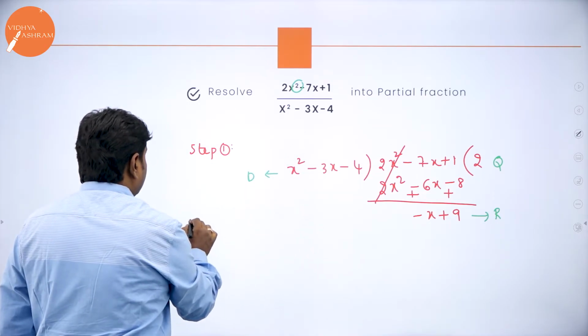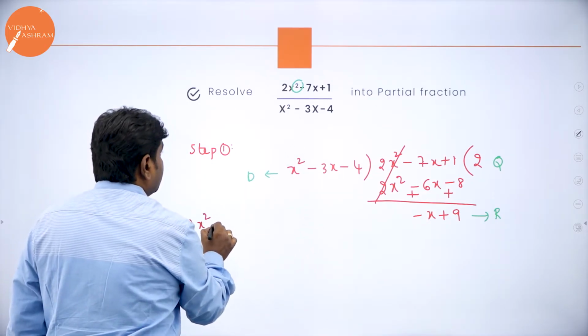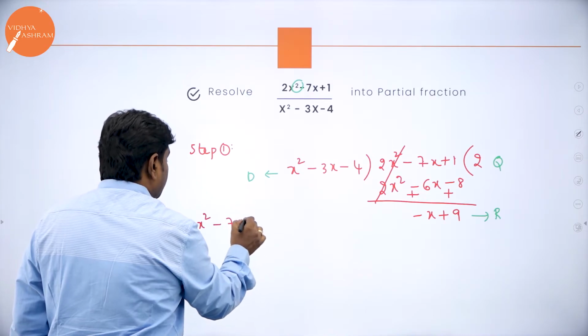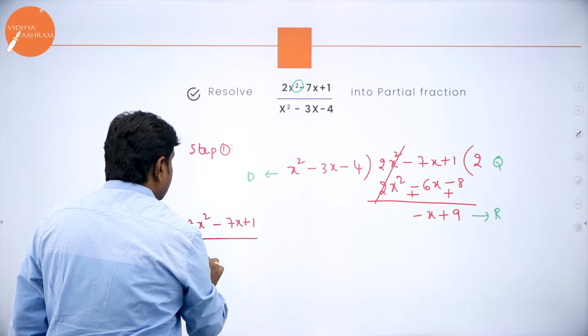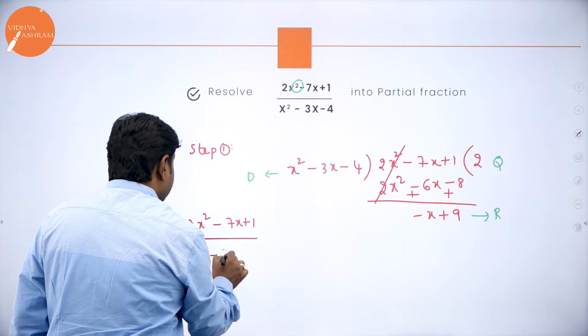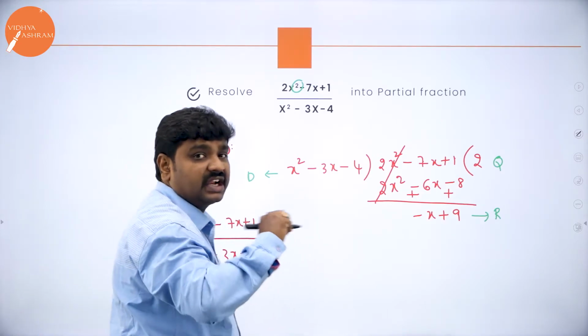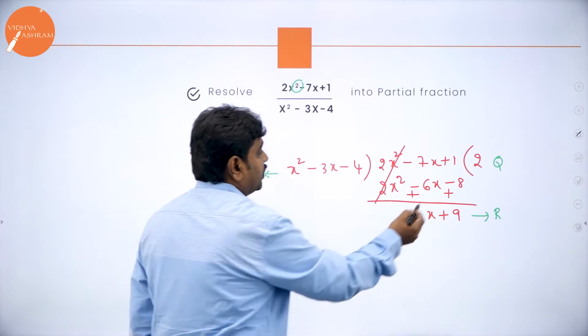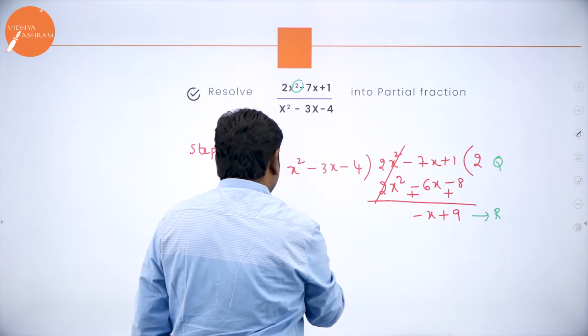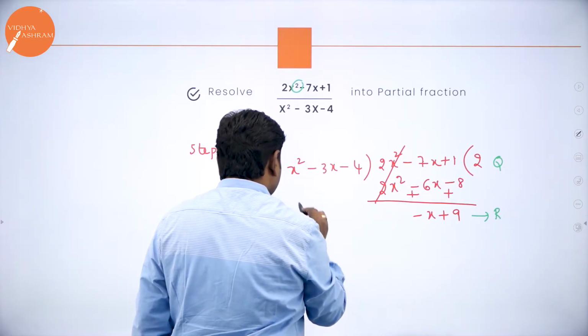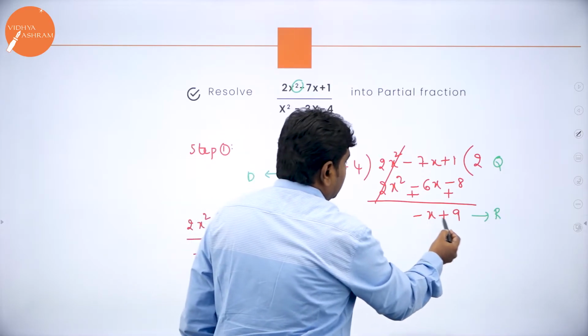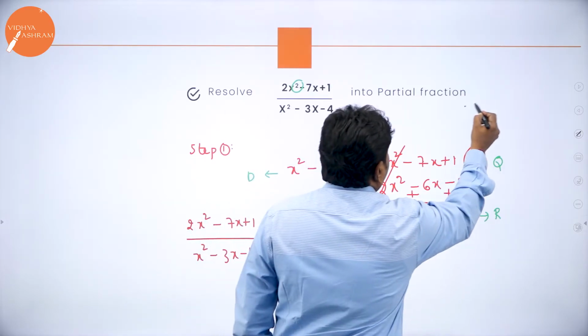They have given 2x square minus 7x plus 1 divided by x square minus 3x minus 4 is equal to, I can rewrite it as quotient plus remainder. What is the quotient? 2. Plus remainder. See, remainder I got minus x plus 9.